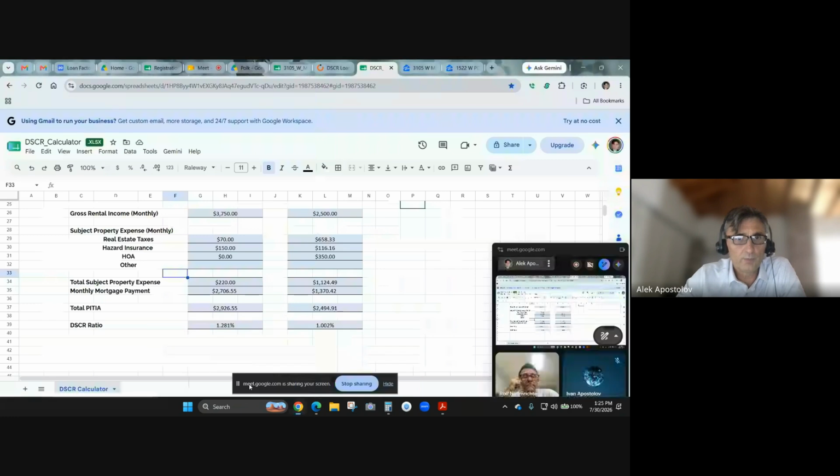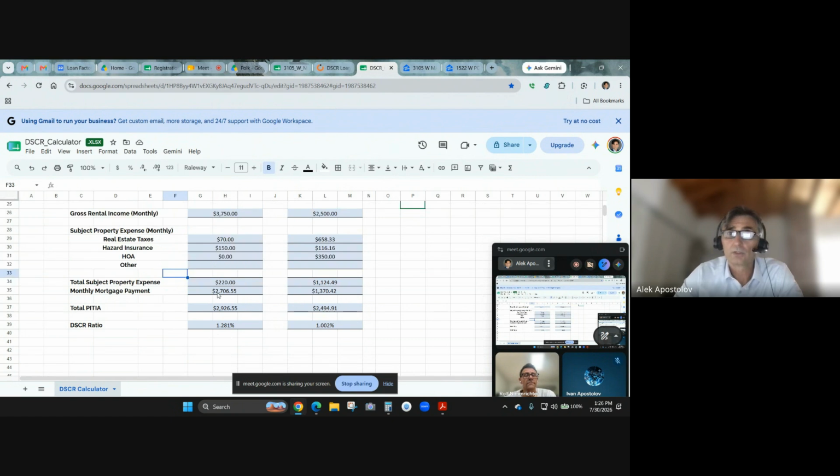And then when we put in the other housing expenses, the taxes and the insurance, we're getting to $2,926.55 per month, which means this DSCR here is at 1.281. It is cash flowing. So basically, we have about $750 left per month after all the housing is paid off.